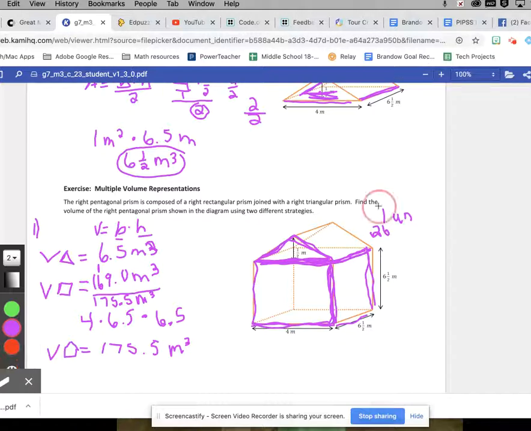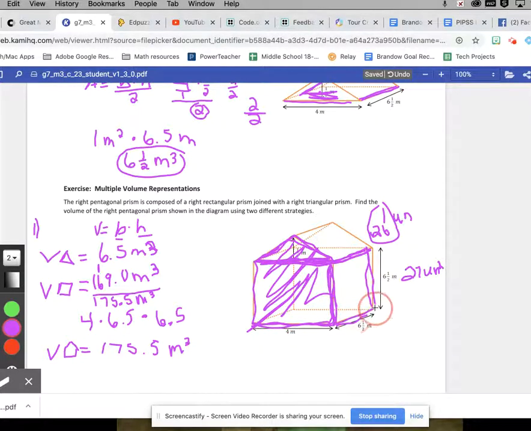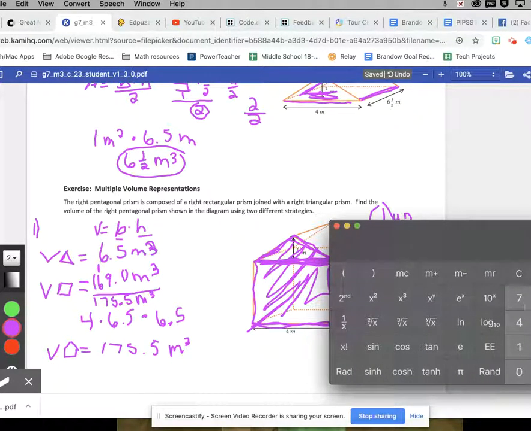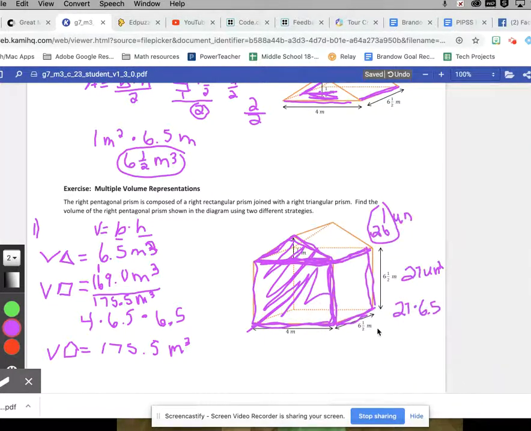And add the areas. So 26 plus 1 is 27 units squared. That would be the area of the flat piece, this whole front side now, because you've added together the triangle plus the square, and then times that 27 by the height, which would be 27 times 6.5. Should give us the same answer. So 27 times 6.5 equals 175.5, which is exactly what we got before.